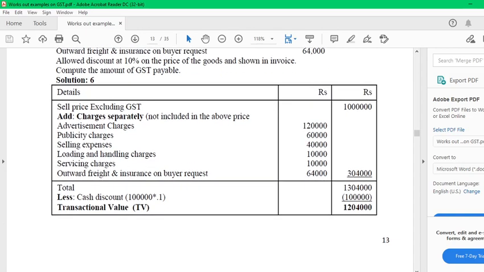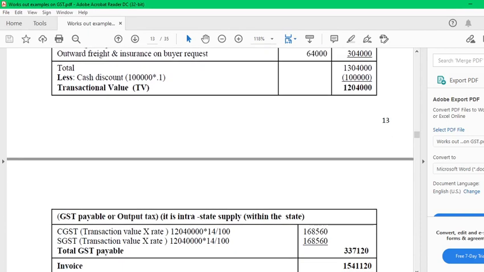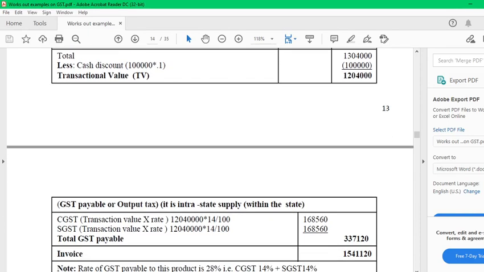If the 12 lakhs 4,000 is the transaction value, now for GST payable, we can calculate: the movement of the goods is within the state, therefore CGST and SGST will be applicable. And they are given separately, 14%, 14%. If not given separately, once again divide by 2. If given, take accordingly. If only 28% is given, divide by 2.